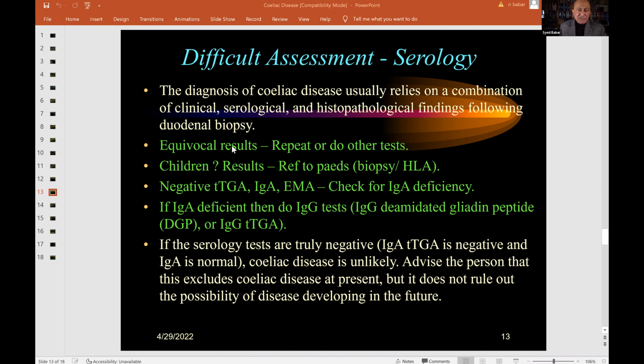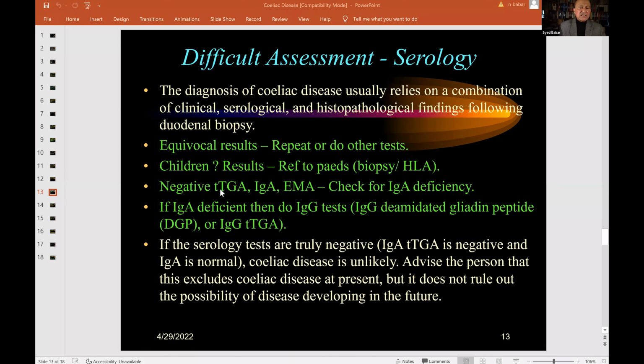Sometimes results are equivocal in terms of serological interpretation. Then one does alternative tests. So as I've already explained, that the TTGA level and the IgA level, if are not available, or if the findings are vague, then one needs to resort to IgG-related tests. In children at this stage, with vague, uncertain results, it is important to refer children to the pediatricians to consider biopsy of the intestinal mucosa.